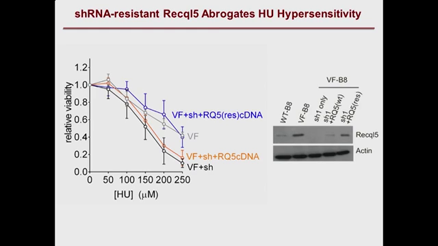But if you use a shRNA-resistant cDNA to rescue, which is mutated at every third nucleotide so the amino acid sequence is preserved but the shRNA can't bind, you can see that you rescue back to the same as the VF cells. This demonstrates that this is an on-target effect of RECQL5 knockdown. We've also tried to rescue with an enzymatically dead version of RECQL5, and that does not rescue, so it suggests that it's the enzymatic function of this helicase that is required for this function.